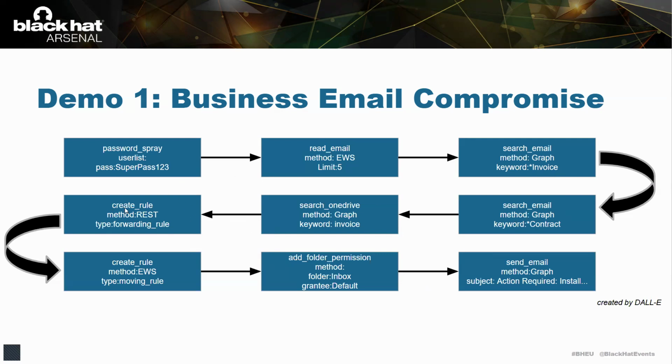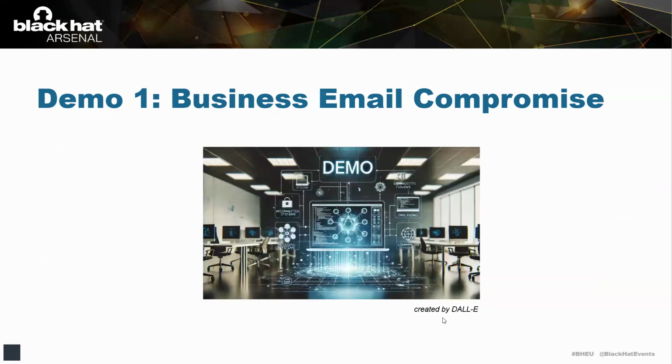And then when we create rules, first we're going to use the REST API, and then we're going to use EWS. So this is more detail about the playbook and some of the parameters we're passing. For example, when we add that folder permission, we're going to change the folder permission for the inbox, and we're going to grant the default role the owner permission.